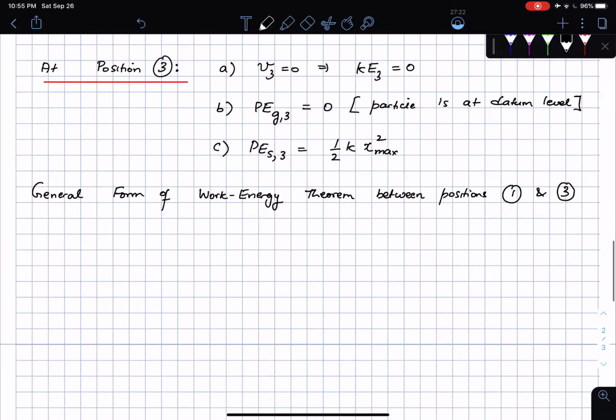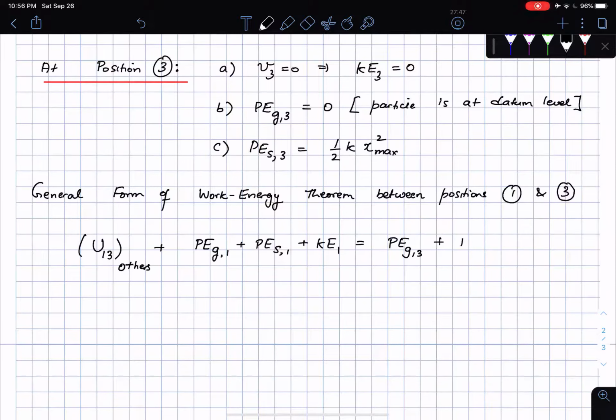So here is the idea: U1-3 others, plus PEG1, PES1, KE1 is equal to PEG3, PES3, KE3. So this is the situation that we have.